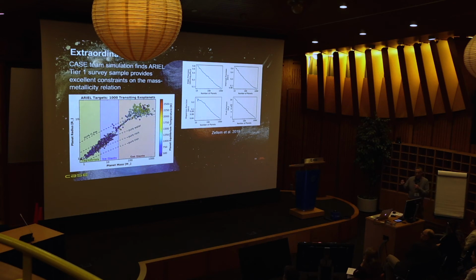So measurements of those parameters powerfully constrain planet formation models. This is all captured in a paper by Zellem et al., 2019. But what we found is that for a Tier 1 survey, Ariel will do an absolutely beautiful job of constraining the mass-metallicity relationship. So, I mean, just the Tier 1 survey is really going to be a science treasure trove.